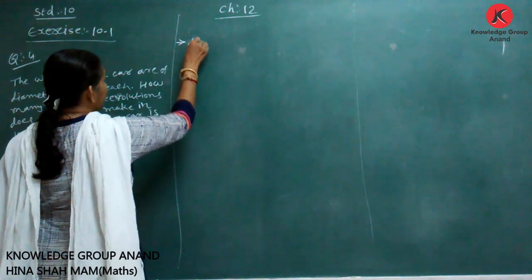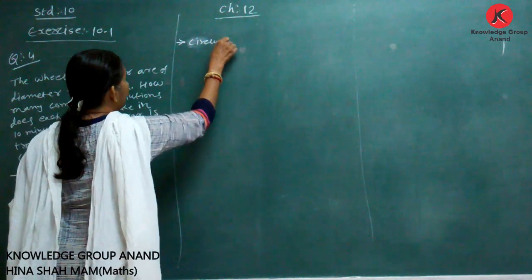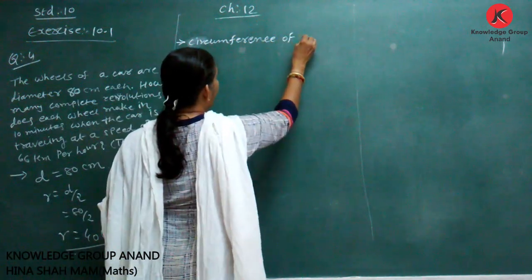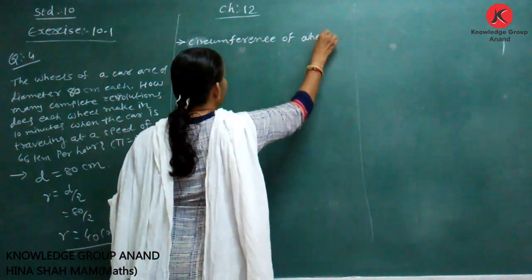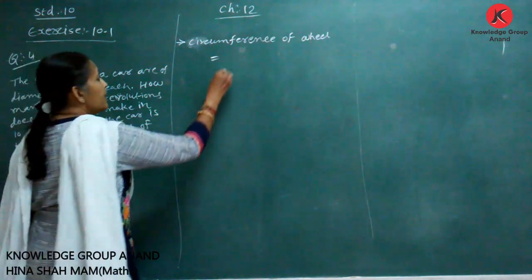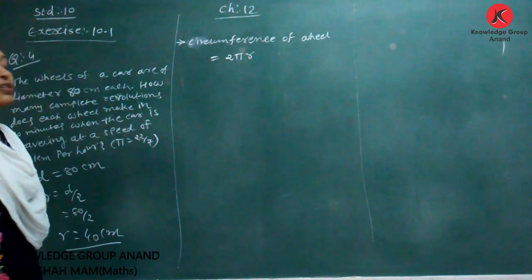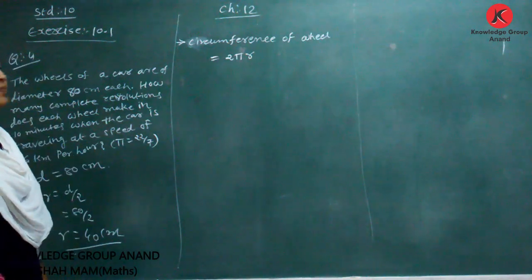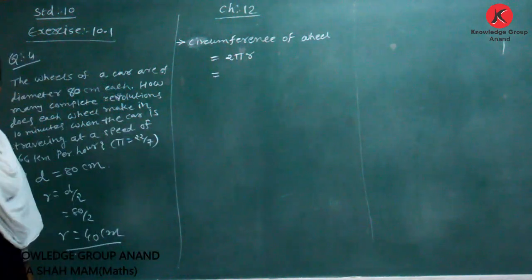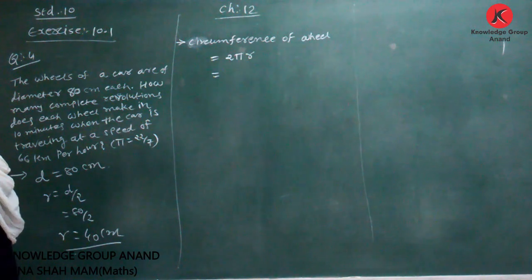Circumference of wheel is equal to one revolution. Circumference of wheel is equal to 2 pi r. Distance covered in 1 revolution is 2 pi r.